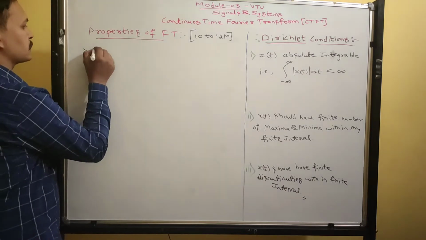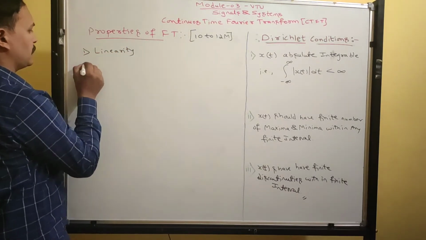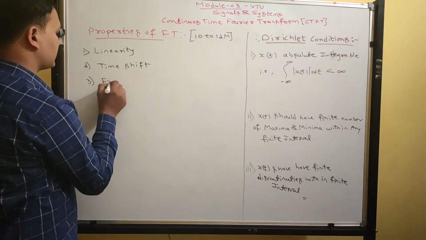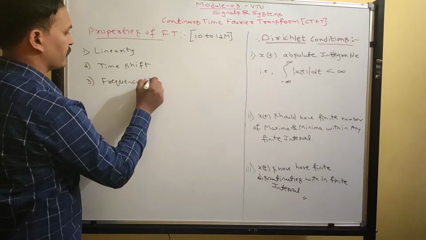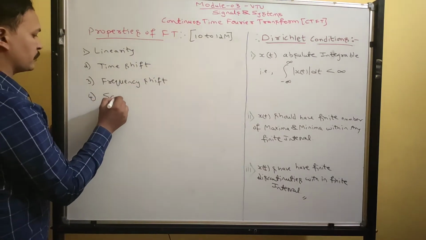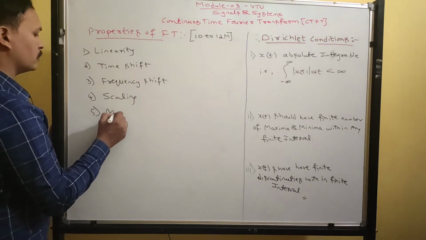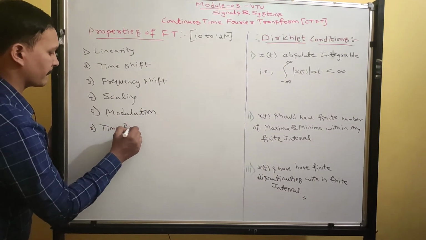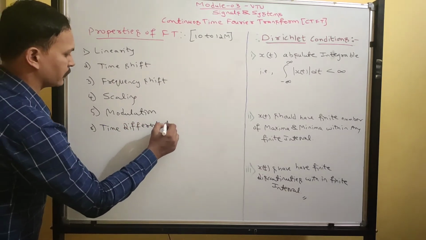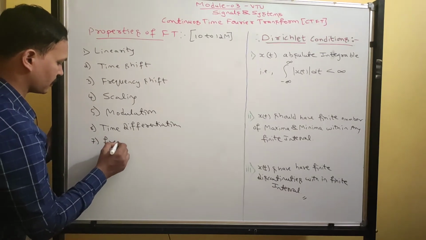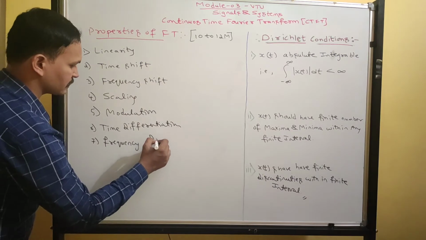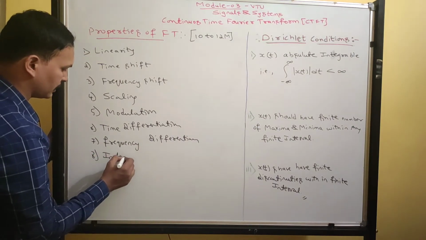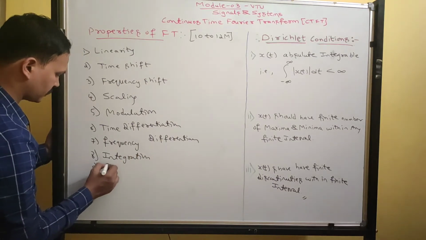So we are going to study the following properties: linearity property, time shift property, then frequency shift property, then scaling property, then modulation property, time differentiation property, then frequency differentiation property, integration property, and convolution property.